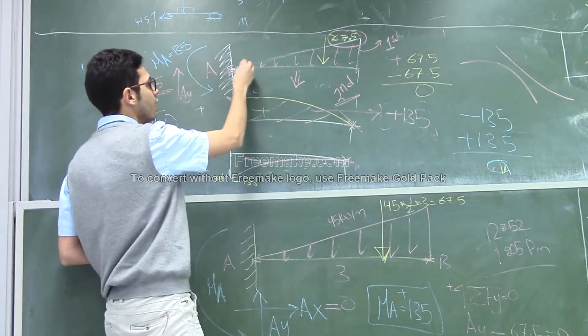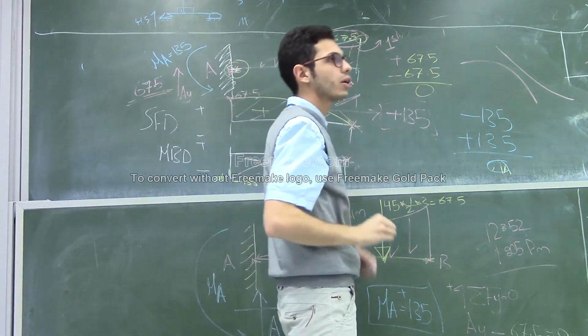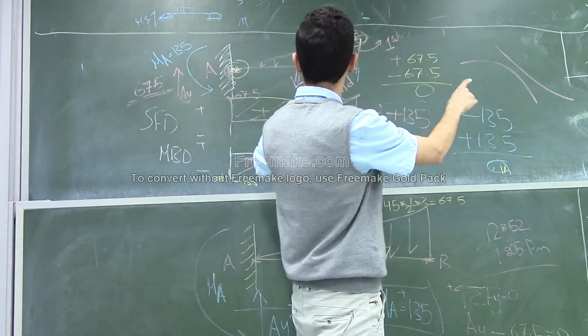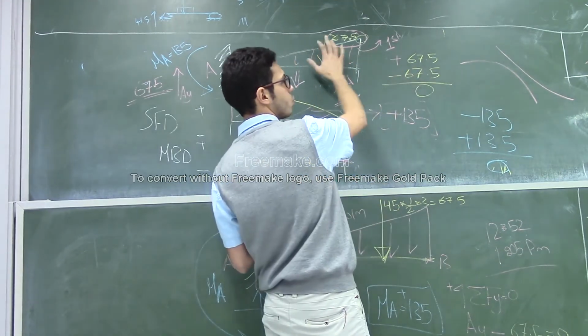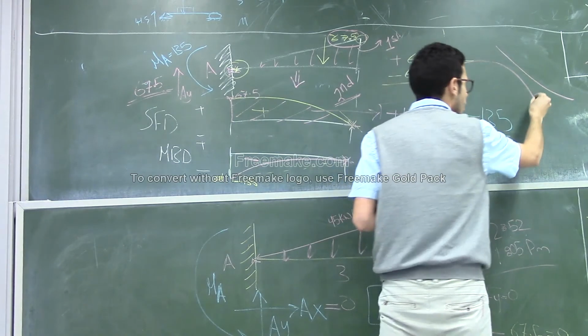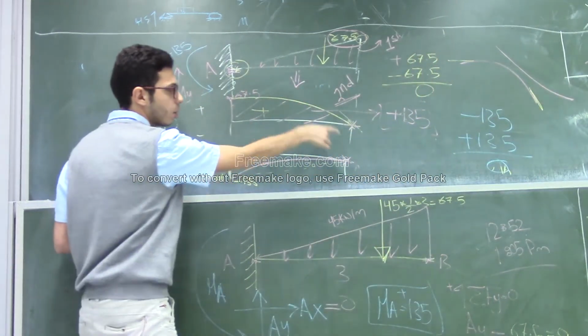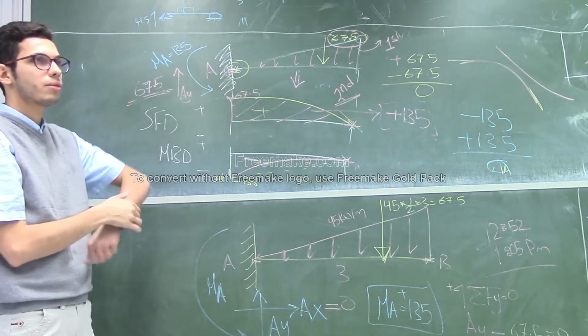This triangle starts with 0 and ends with a value. So the one similar to this case is this one, because here the slope is 0 and here the slope has a value. So I choose this one and I go like this. This is the shear diagram.